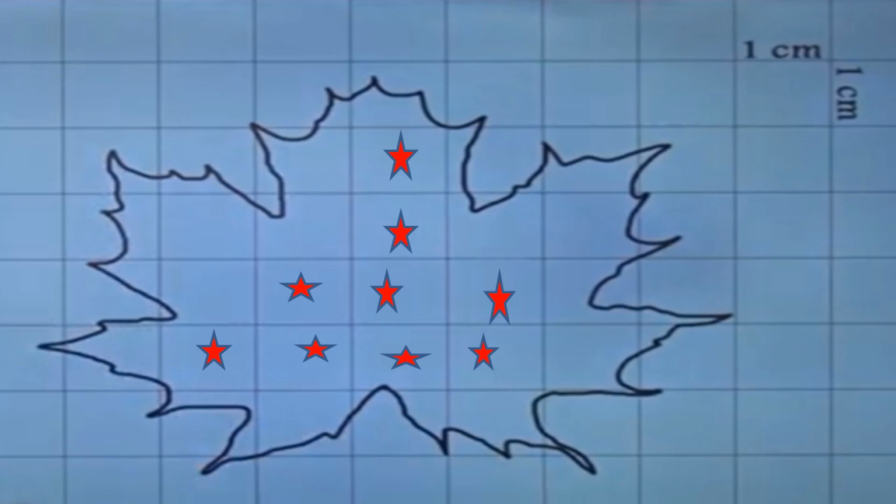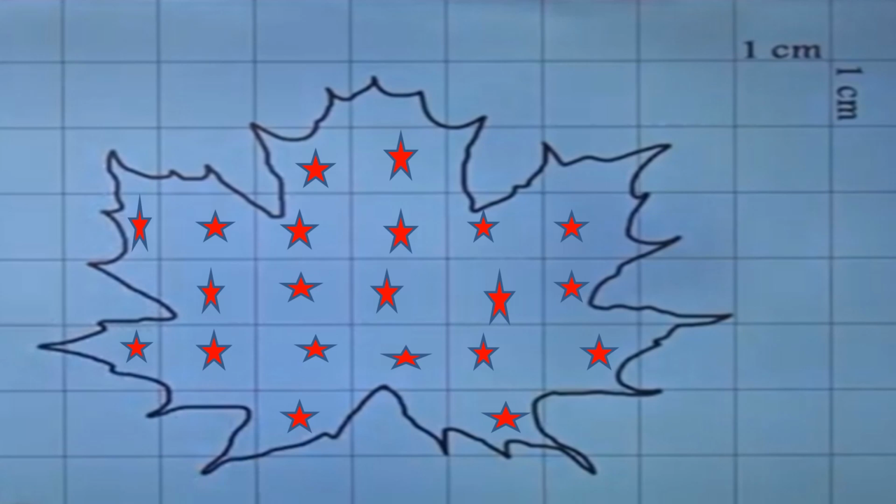And then the next ones: 10, 11, 12, 13, 14, 15, 16, 17, 18, 19, 20 and 21. These are all the squares which were covered more than 50%.